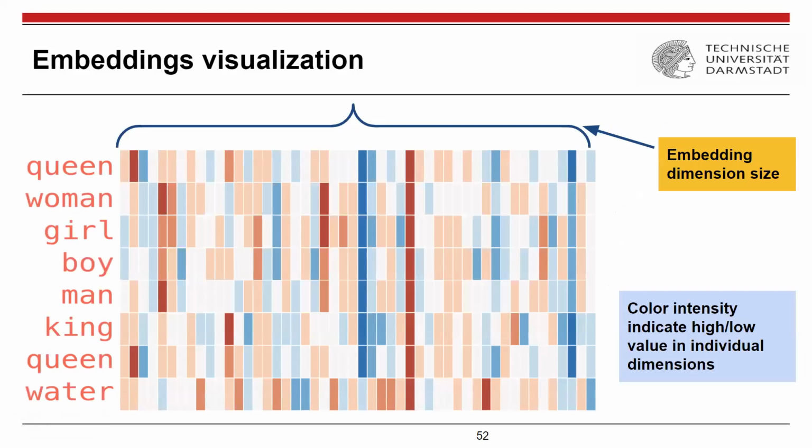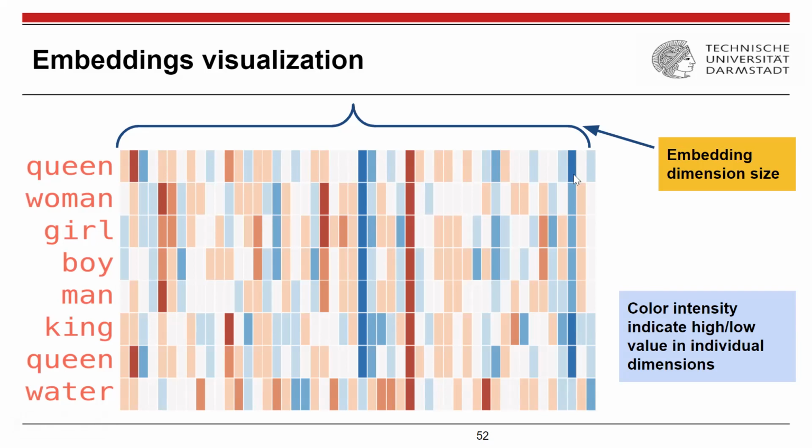So ultimately, what you arrive at is an embedding for each of these words. In this example, the words queen, woman, girl, boy, man are all represented in the form of embeddings, where the colors indicate high values in each of the positions of the embedding.